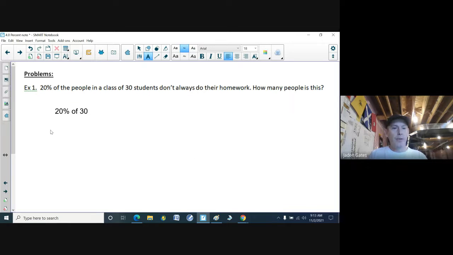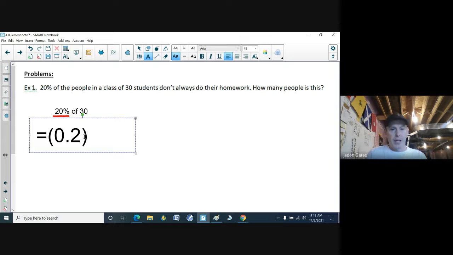All right, now a couple of things. Taking this sentence, which is a lot of English, and converting it to math. The first thing I'm going to do is, as I mentioned, 20% is no good to us for calculations, so I'm going to convert it to a decimal. 20% converted to a decimal, I divide by 100 and end up with 0.2.